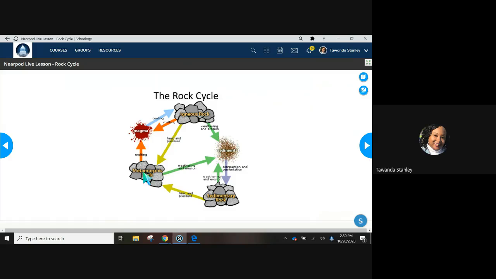In order for a metamorphic rock to become a sedimentary rock, weathering and erosion must happen, which is going to turn it into sediment. Once it turns into sediment, which are pieces of rock, compaction and cementation must happen with those pieces of rock, and it can be various types of rocks. Those pieces of rock are going to be compacted and cemented to form a sedimentary rock. So this is the rock cycle.